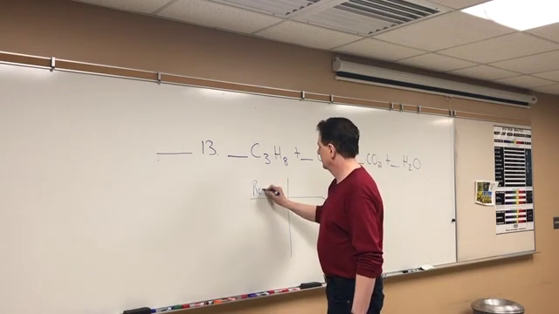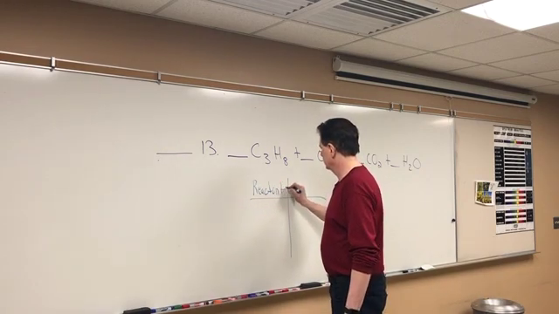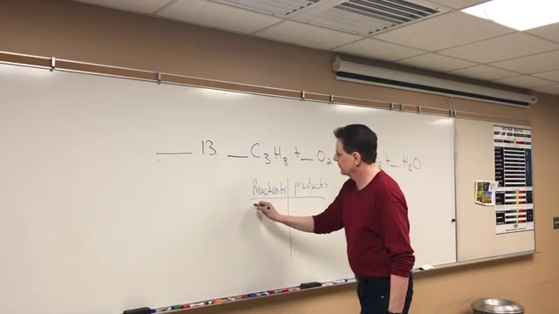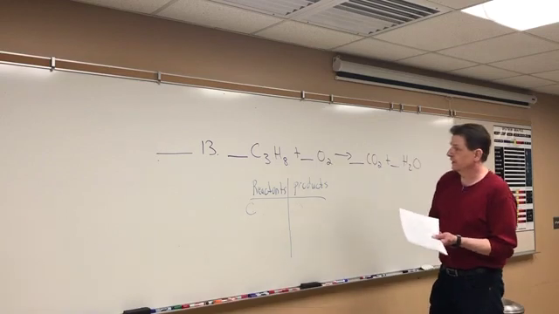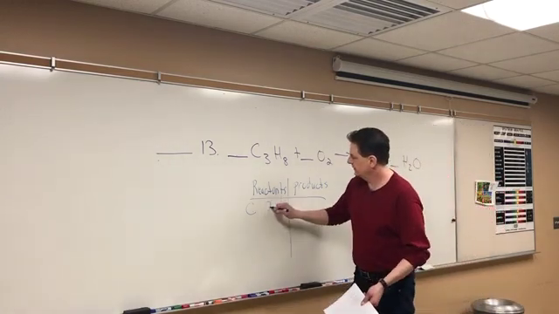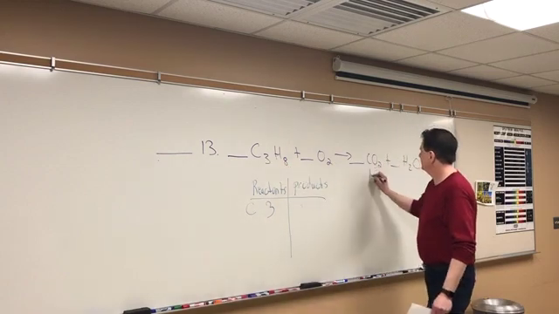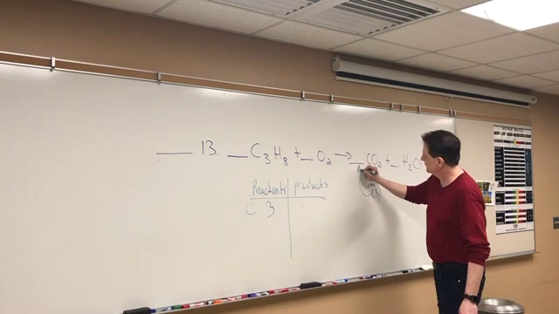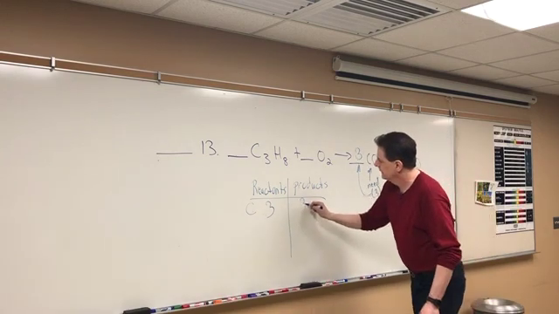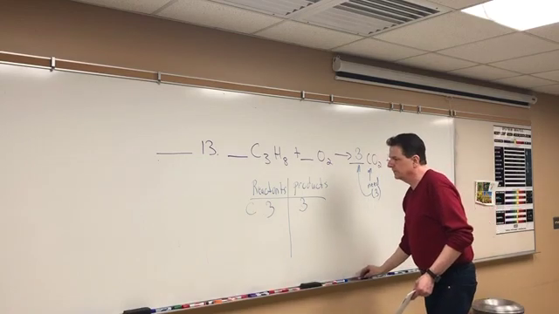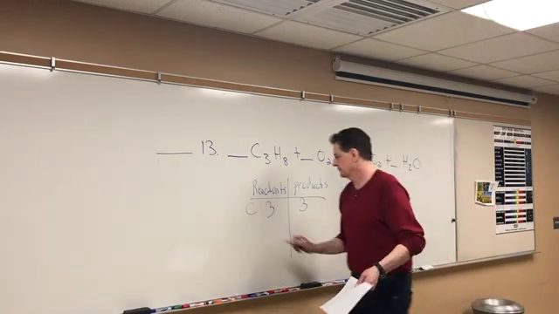You have reactants and you have products. You start with carbon. So the first element you want to balance is carbon. You have 3 carbons here, which means you need 3 here, so you put a 3 in there, and you've got carbon fixed. Your next element to tackle is hydrogen.